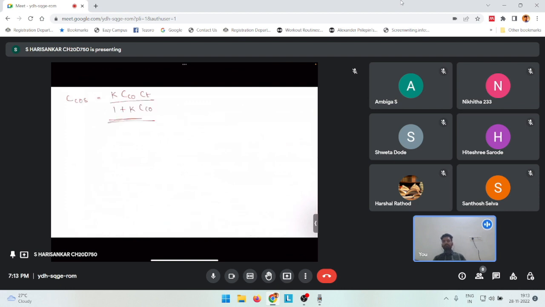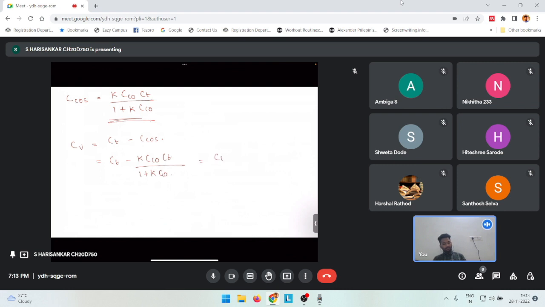We can apply this to your vacant active site concentration Cv as well. Cv was Ct minus CCOS, so that is Ct minus K CCO Ct by 1 plus K CCO.